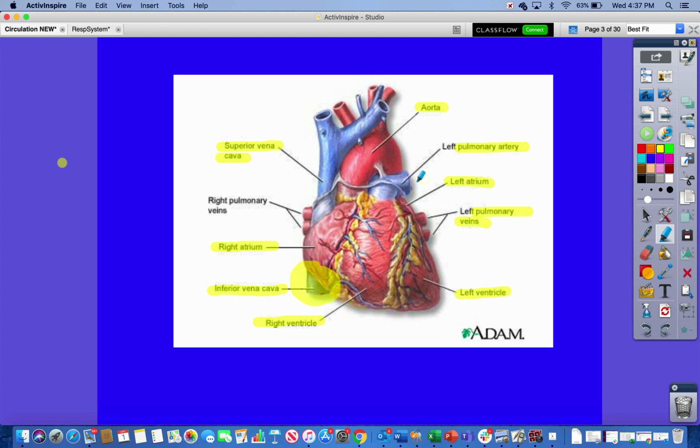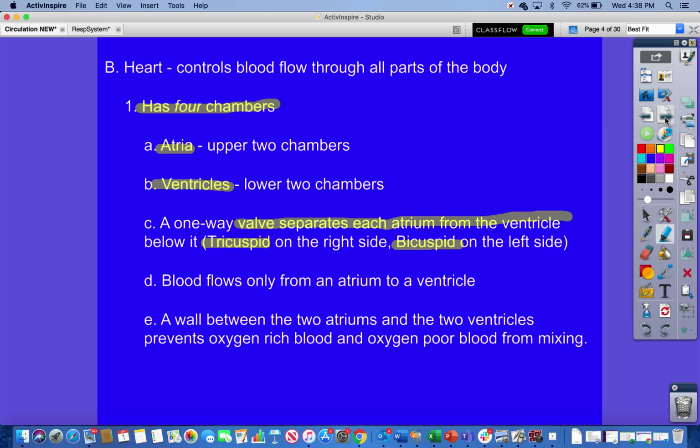I always remember that as when we track blood, we're going to go from the right side and then eventually go to the left side. So I think it goes through the tricuspid valve before it goes through the bicuspid valve. And I don't have a good picture of that on here, but on page 569 of your book, you can get an idea of where those valves are located. So we've got these valves.